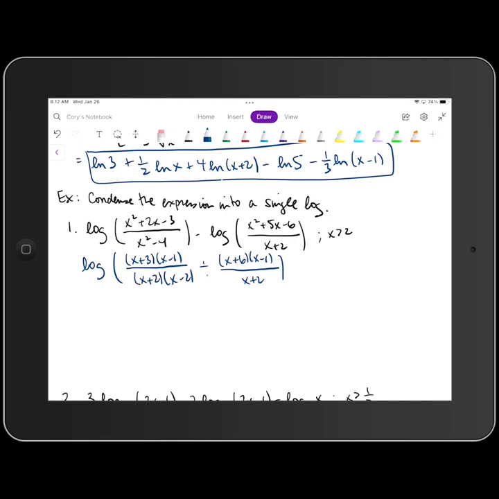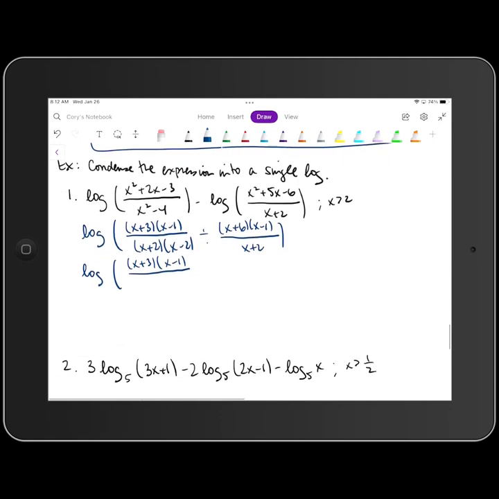And then if we're dividing two fractions, we can do so by taking the reciprocal of the second and multiplying. So this becomes the common log of x plus 3 times x minus 1 over x plus 2 times x minus 2 times x plus 2 over x plus 6 times x minus 1.